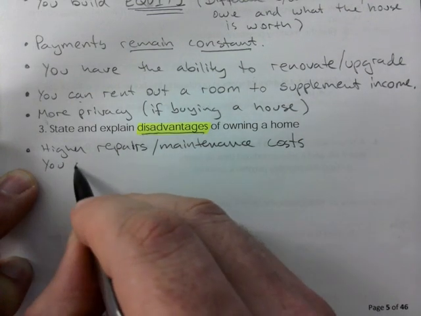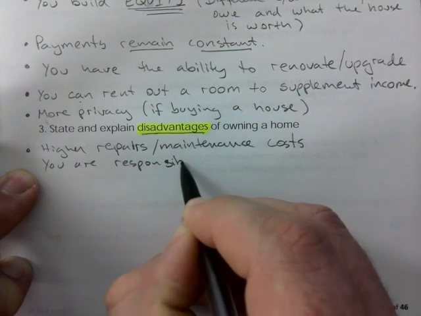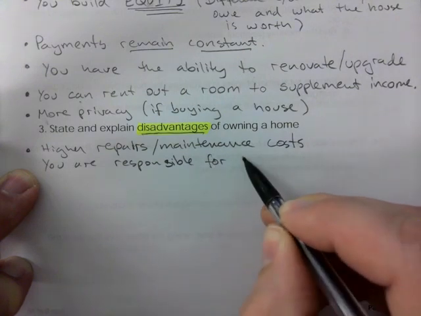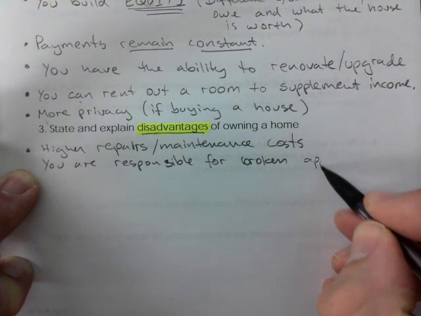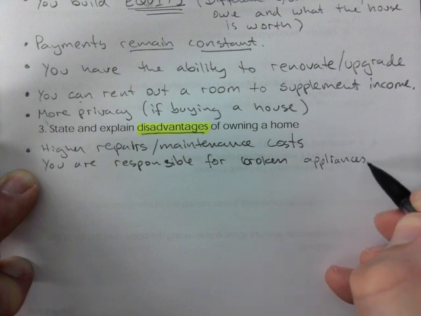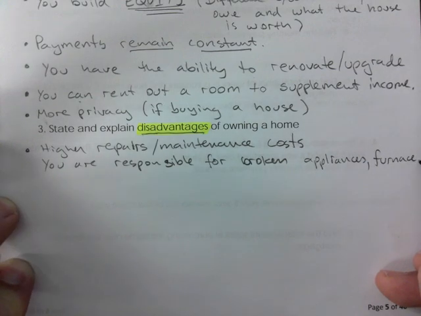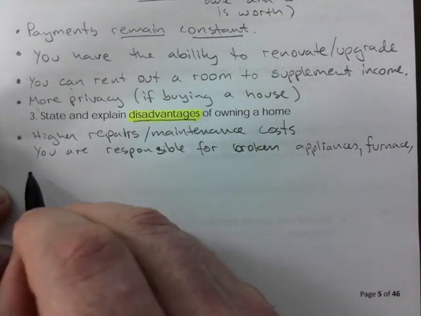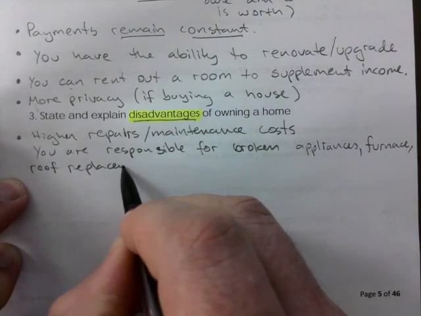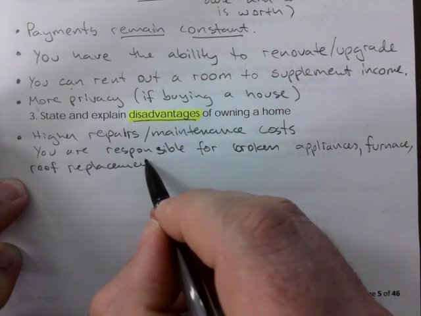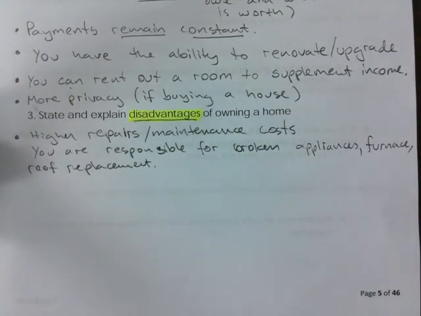You are responsible for broken appliances, furnace, roof replacement. I just did that last summer. $11,000. It's a lot of money.